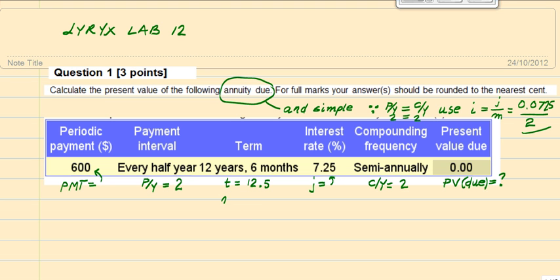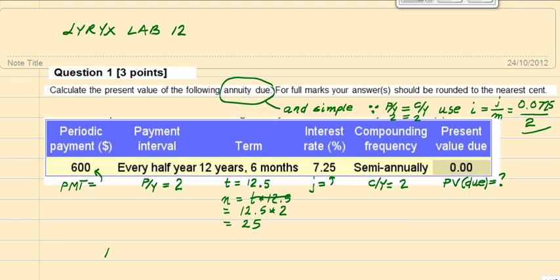So N is going to be equal to 12.5 years times 2 payments per year. That gives us 25.